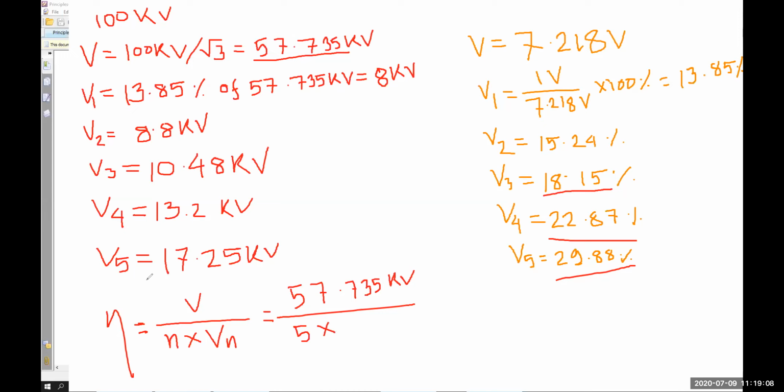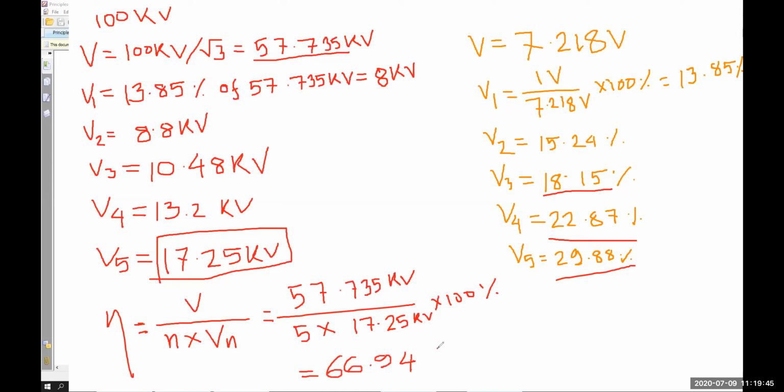Your Vn is equal to this one, that means V5 actually, right? Into 100%. Your result is how much? 57.735 divided by 5 into 17.25 into 100%. So 66.94. Okay, so that is the string efficiency you got.